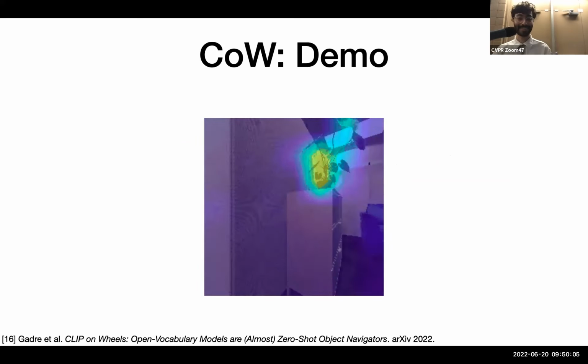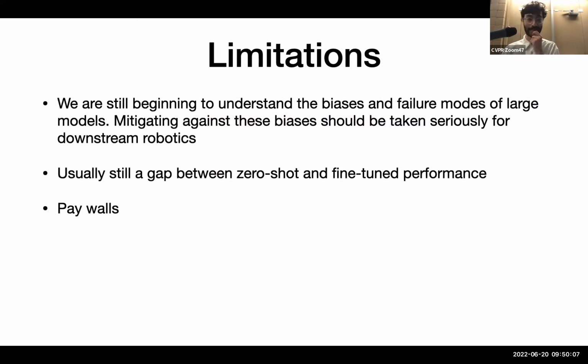So yeah, that's that. I think I'm a little bit close on time, but I just wanted to say that these are the limitations of using these large models. There are known biases in these models, like for example, racial biases. And I think we should really be taking them seriously, especially as roboticists and vision folk, and making sure that these biases do not affect our downstream robotics algorithms.